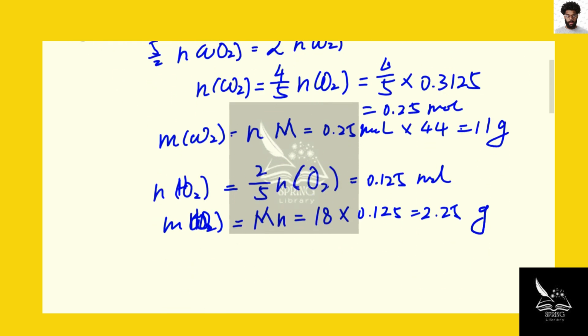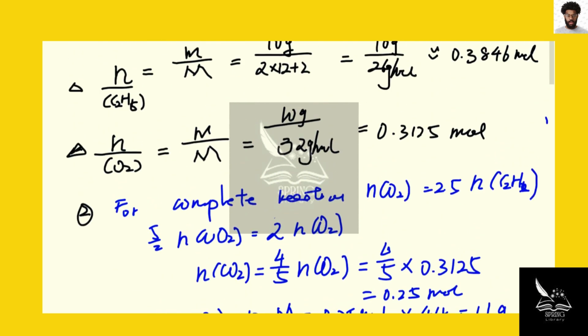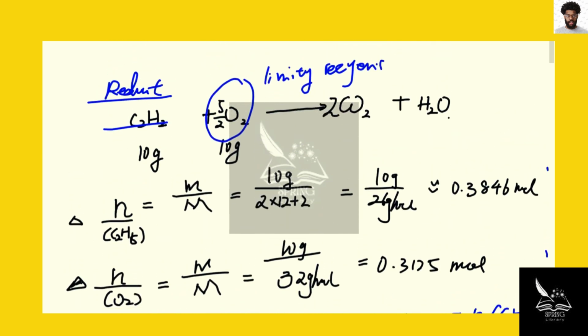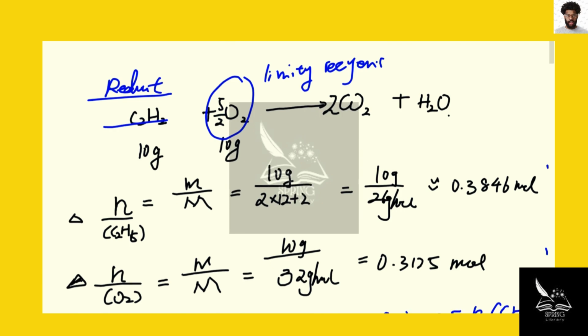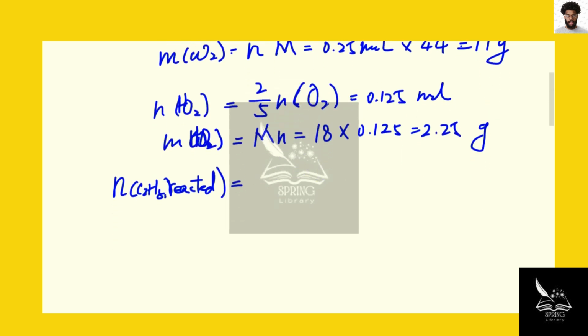And now, as we said, the C2H2 is in excess, so we can calculate how much C2H2 reacted. If you look at the equation, you find every time you consume 1 mole, you are consuming 2.5, so it equals 2/5 of the moles of the oxygen that you consumed. So it equals 0.125 moles.